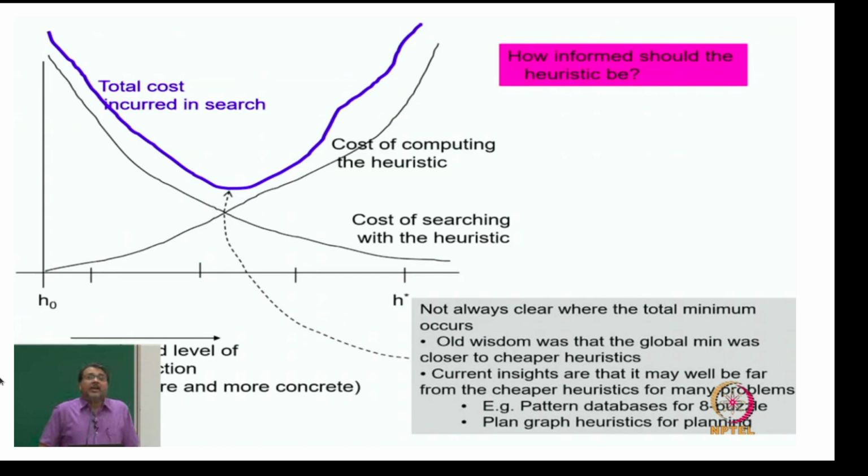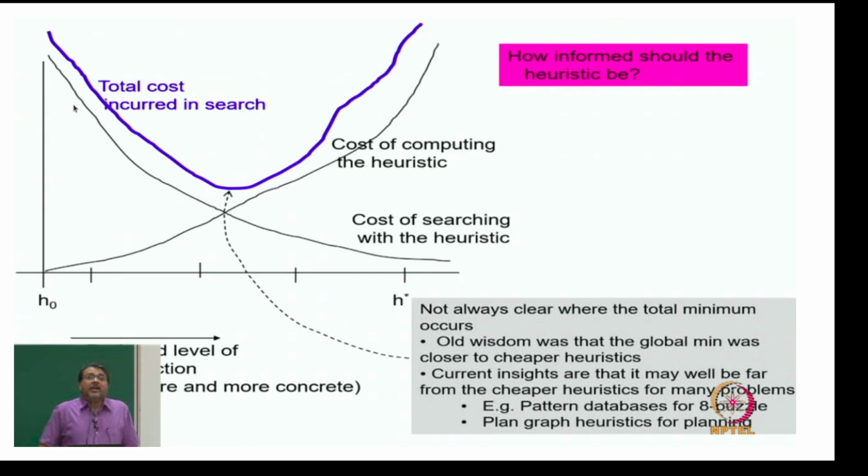So can we compare something? We can compare the cost of searching as you go toward optimality. If you make your heuristic optimal, it means more informed calculation, more computation is there. Then the cost of computing the heuristic increases. That's true.